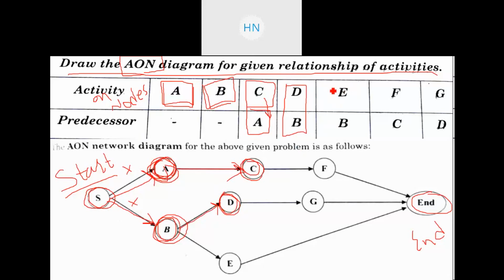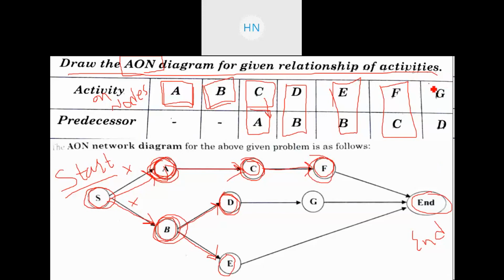Let's go further. Activity E can happen only after activity B because it has the predecessor B. So after B we are adding one more activity, that is activity E, inside the node. Then activity F has the predecessor C. F can only happen after C. So here there is C, from that we get an arrow coming out, and this will be activity F on the node.